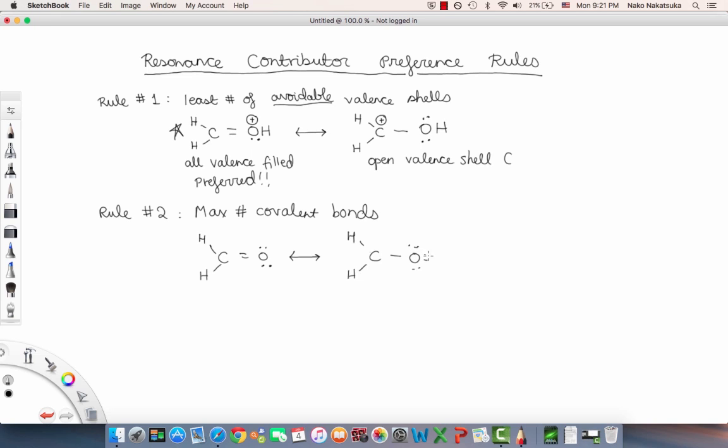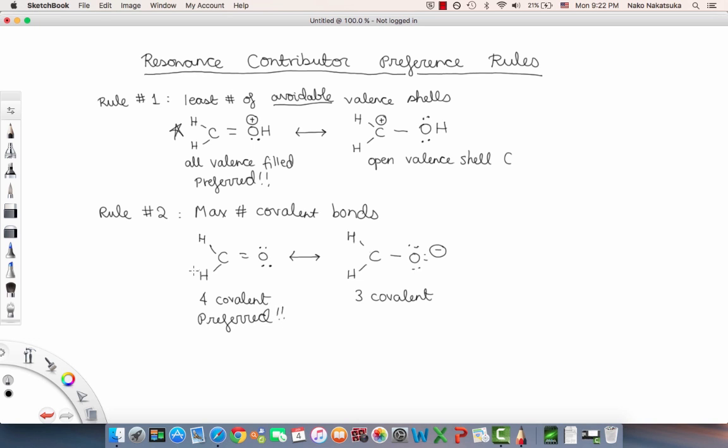Oops, my lone pairs are looking weird now. Okay, so as you can see, this double bond was broken. There was an arrow that pushed another lone pair onto the oxygen, and now it has a negative charge. So in this case, we have 4 covalent bonds, right? 1, 2, 3, 4. And in this case, we have 3 covalent bonds. 1, 2, 3. And so in this case, this is going to be the preferred resonance contributor.